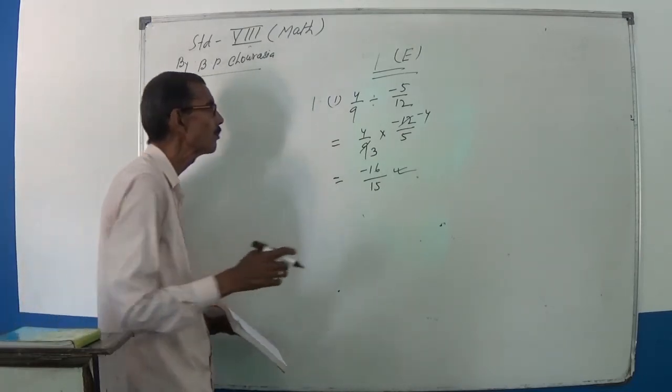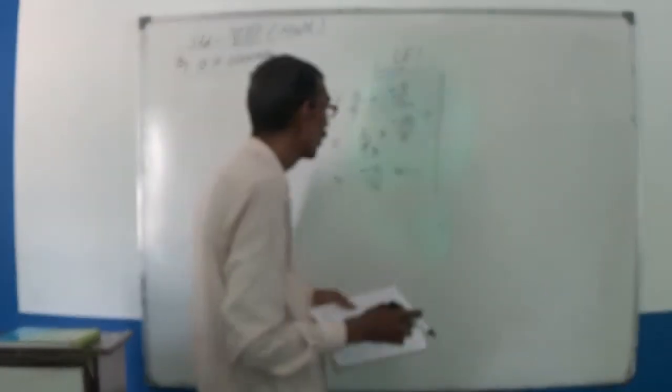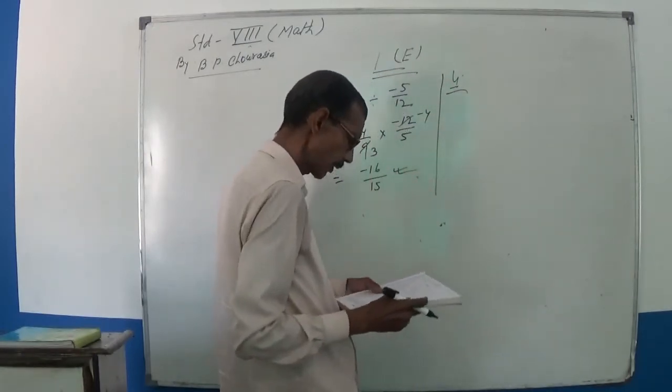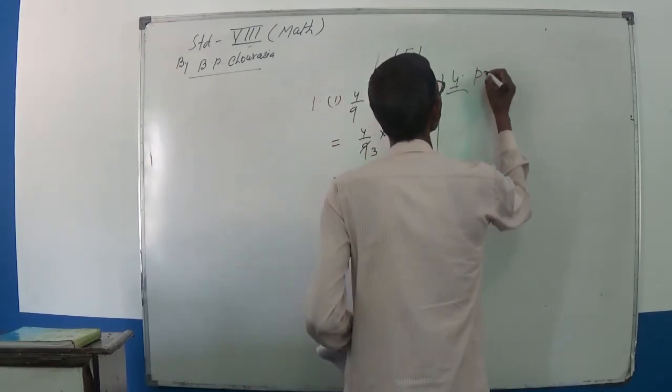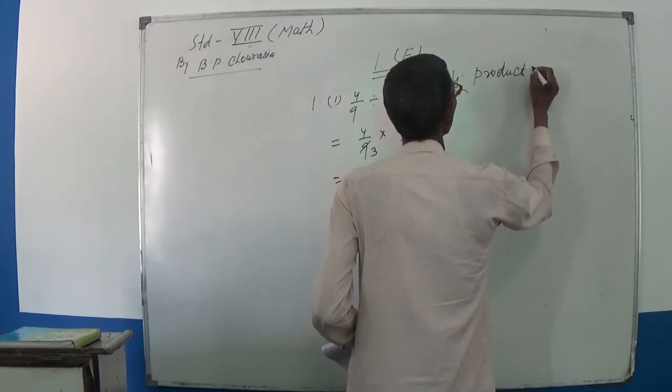Now solve some word problems. Question number 4. The product of two rational numbers is minus 9.